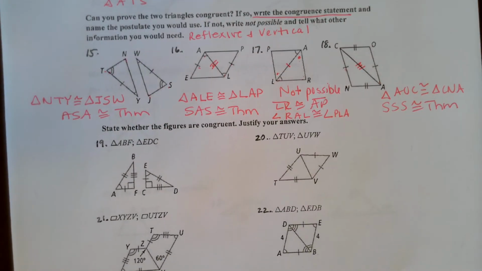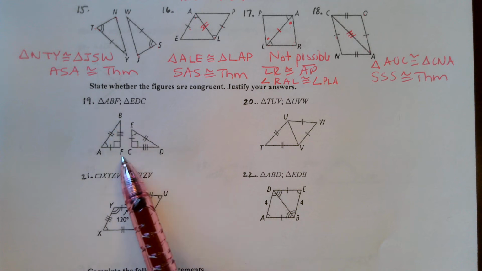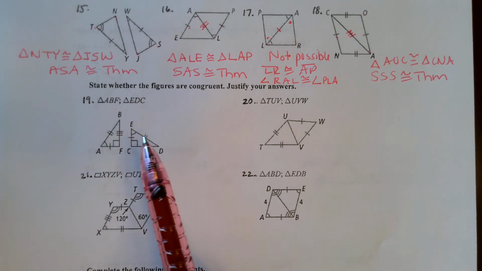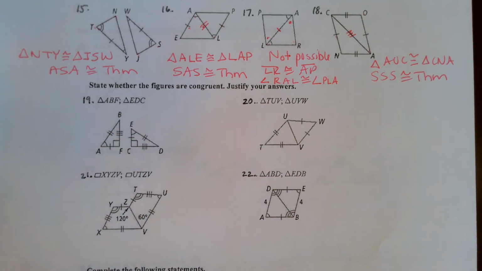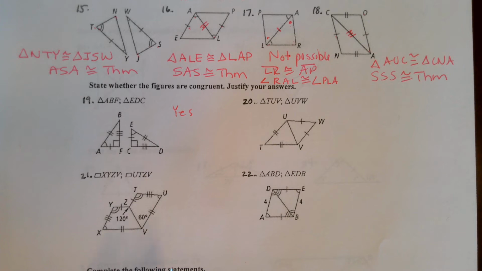State whether these figures are congruent, justify your answers. So ABF to DEC. Yeah, I would say they're definitely congruent. And it says justify that.